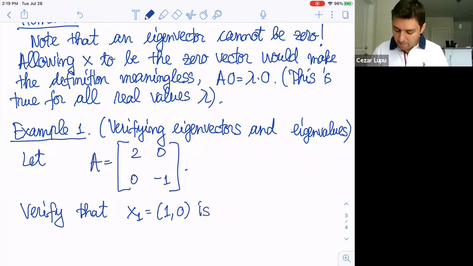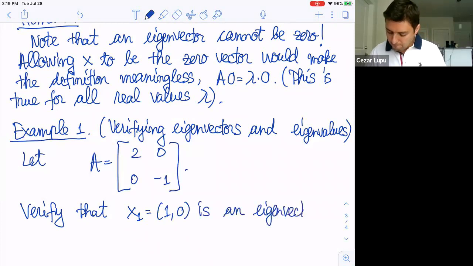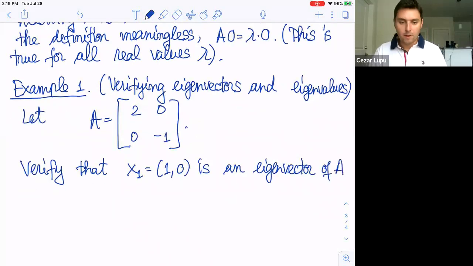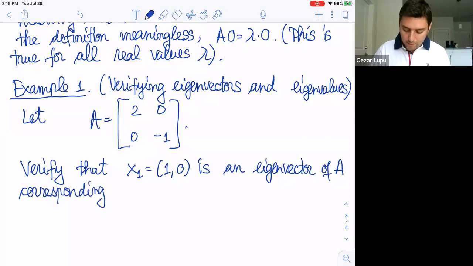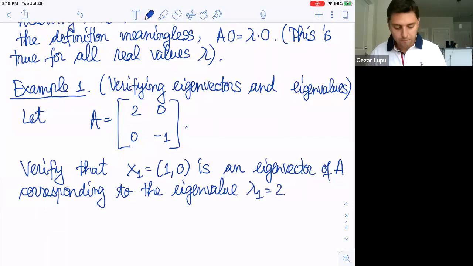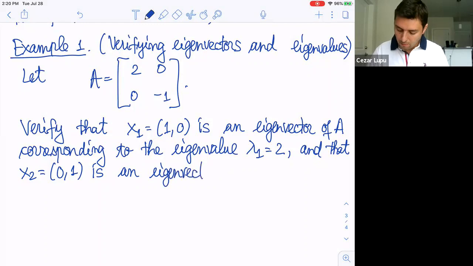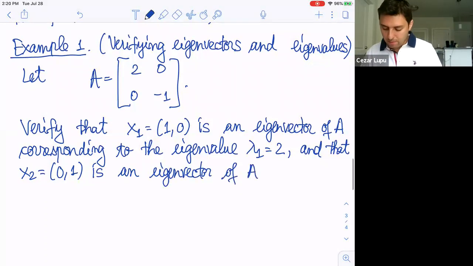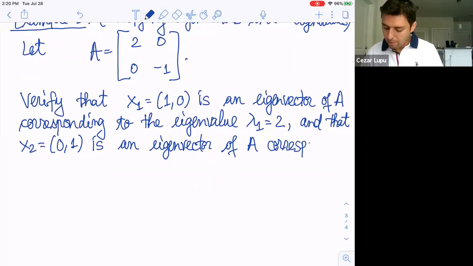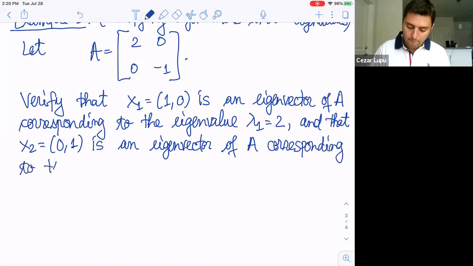is an eigenvector of A, right? Corresponding to the eigenvalue lambda 1 equals 2, and that x2 = (0, 1) is an eigenvector of A corresponding to the eigenvalue lambda 2 equals -1.